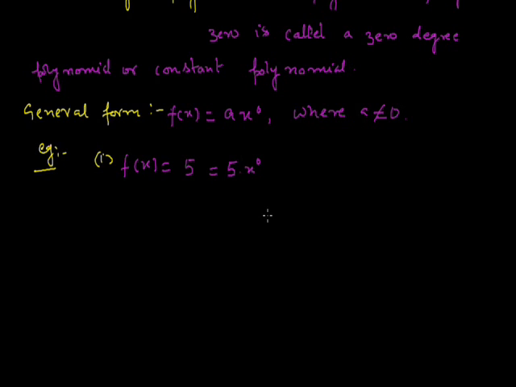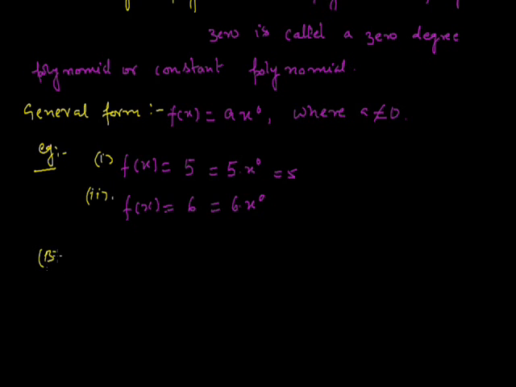We know that the power 0 of any number is always 1. So this is 5. Example 2, f(x) equal to 6. Here again we can write 6 in the form of a polynomial, 6 into x to the power 0. So here the highest degree of the polynomial is 0. So this is a zero degree polynomial.